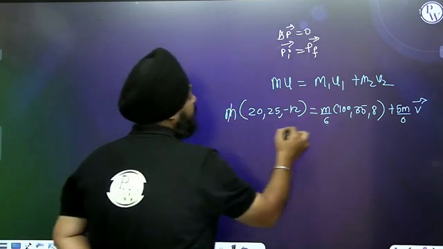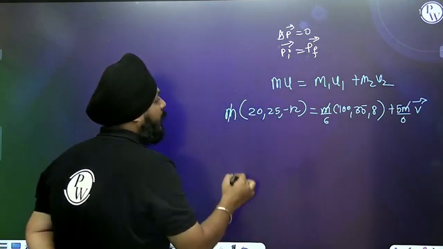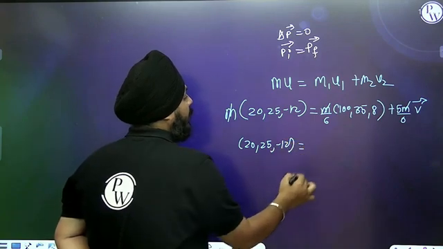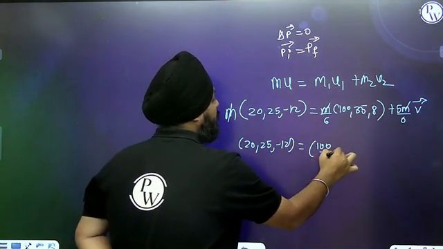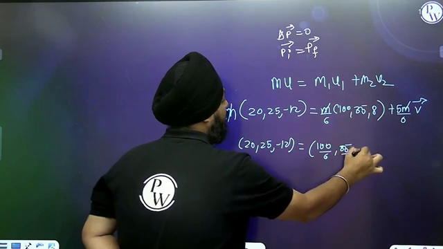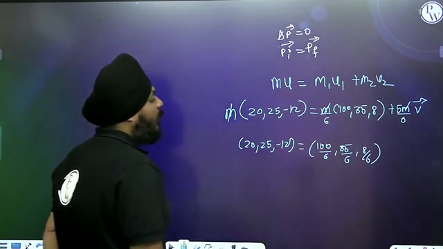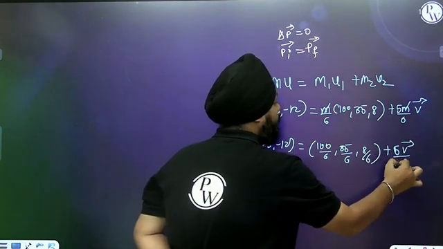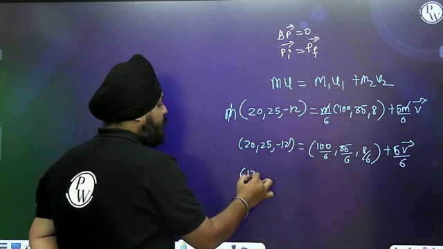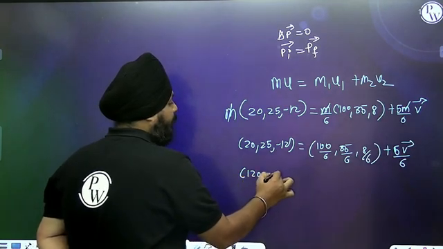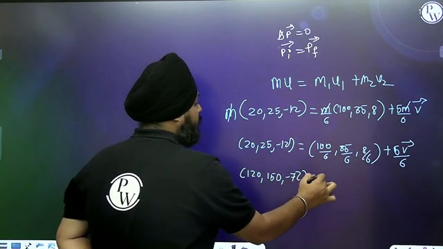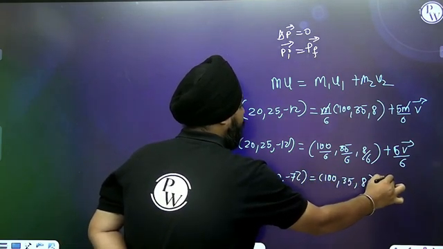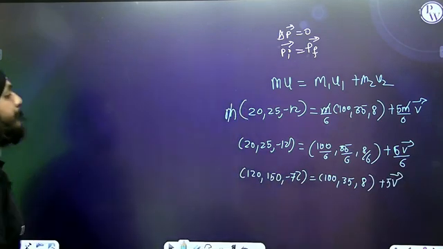So m is going to get cancelled first of all. This is 20, 25, minus 12 equal to 100 by 6, 35 by 6, 8 by 6. Or if you make 6 common, that is 120, 150, minus 72 is equal to 100, 35, 8 plus 5 times v.